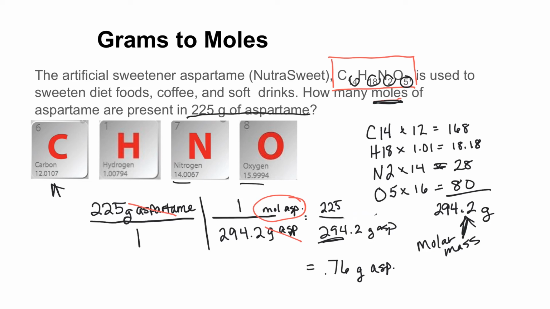So this is moles. Sorry. So 0.76 moles of aspartame. Okay. Did some of you catch that? I hope so. So we canceled out the grams. We're left with moles. So over here should be 225 grams of aspartame divided by 294.2, which gives us 0.76.